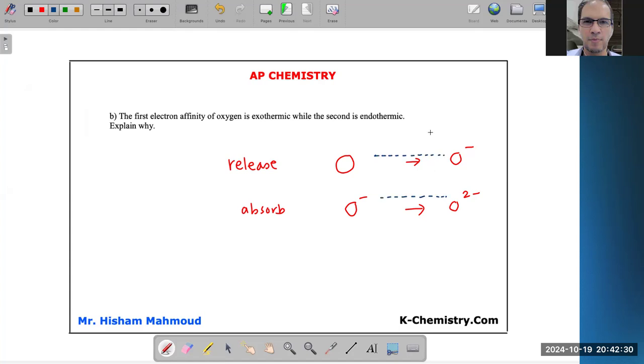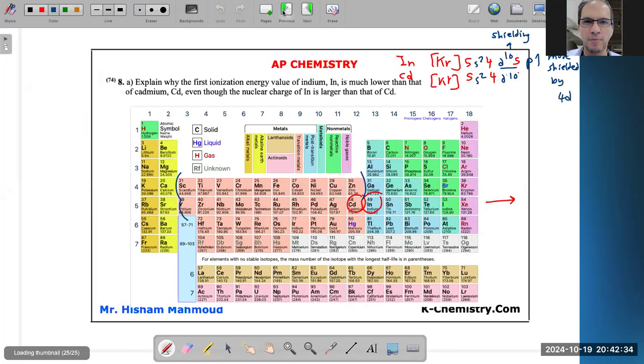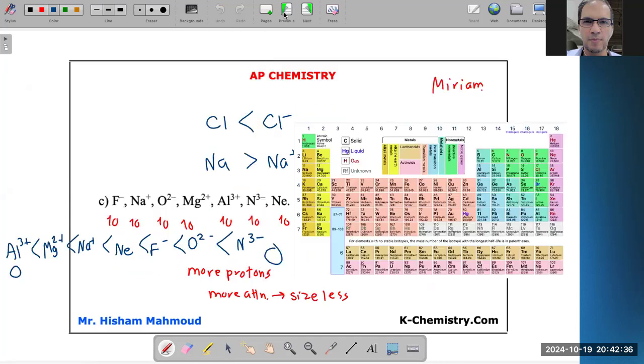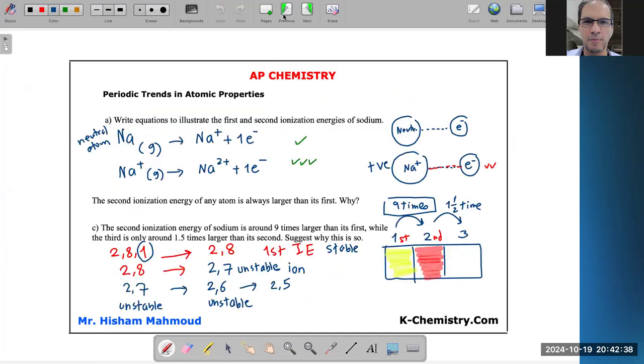But what do you think, Mariam? As we said, in ionization energy it's easier to remove the electron from the neutral than removing the electron from the positive, right? Can I say the opposite here? Remember when we said it's easier to break the electron from the neutral than breaking the electron from the positive.